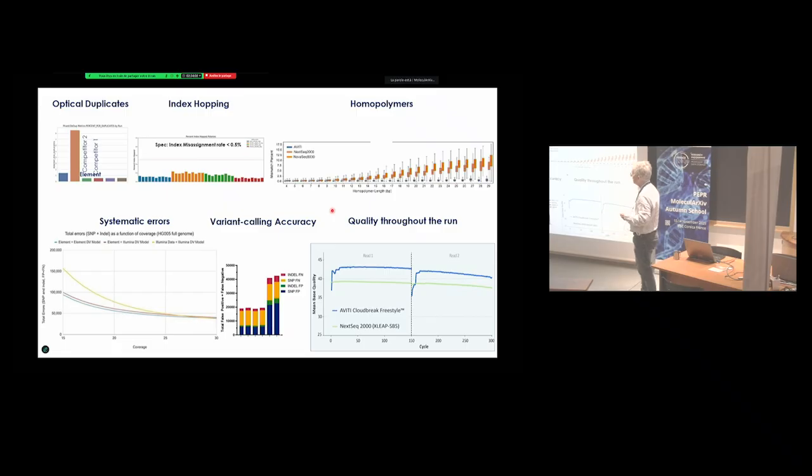And so the AVITI is developing a new alternative. The misassignation of homopolymers is very low when you compare with NextSeq, so the systematic errors are much lower. If you compare here, this is AVITI, and here this is again NextSeq.